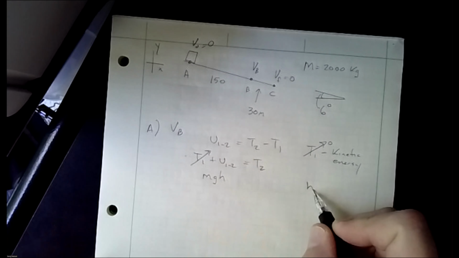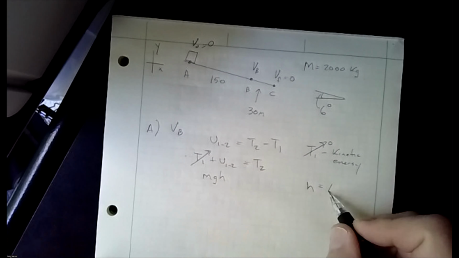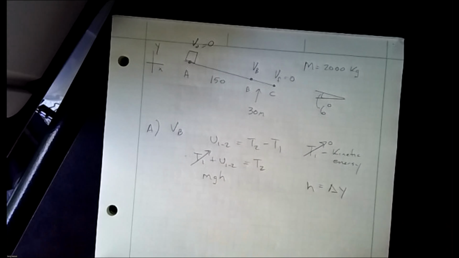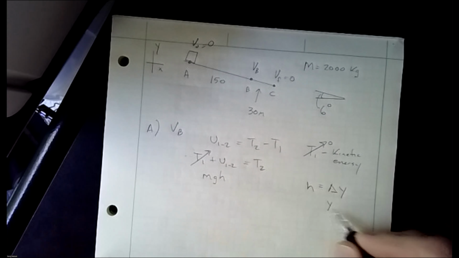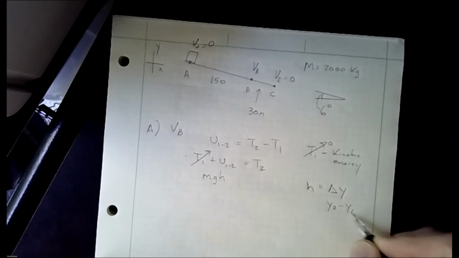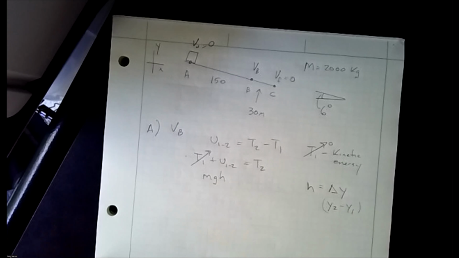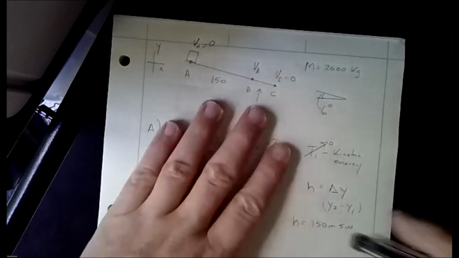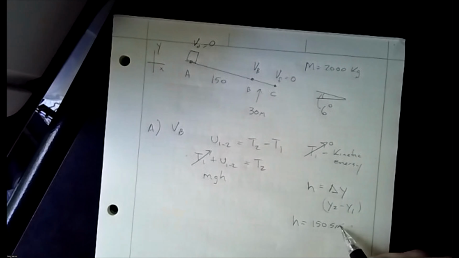We know that h is equal to the delta y, or y2 minus y1. Here h is 150 meters sine 6 degrees. That's where we get that from.